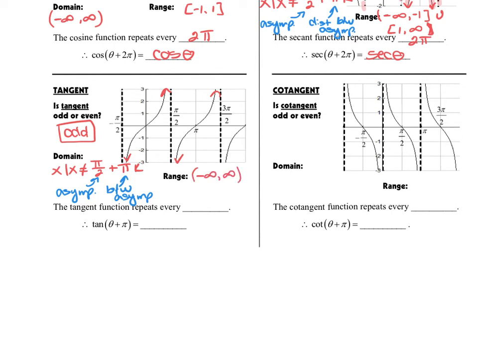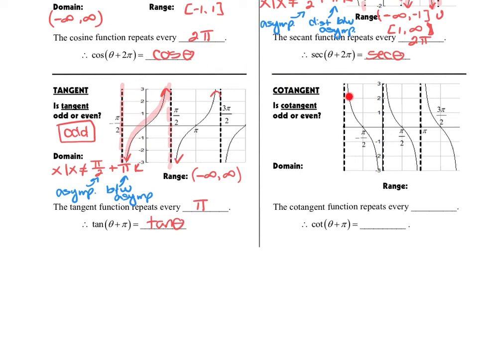We can see that this tangent function is going to repeat. Let's grab a single period. We want to include the asymptotes so that we remember it's part of the process. It's going to repeat every pi units. So now tangent of theta plus pi, notice this is different than the last 4 that we've done, is going to be tangent theta.